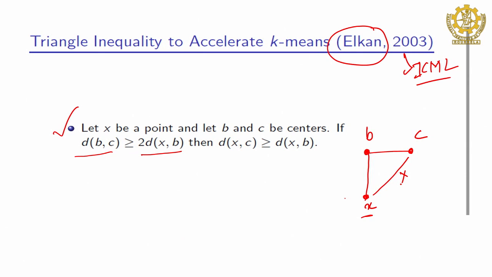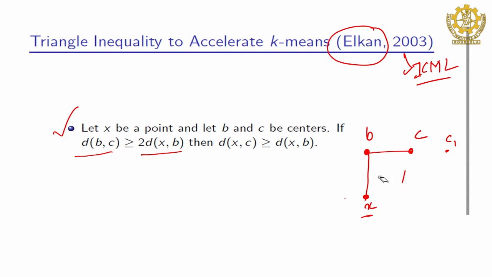If we can avoid it, similarly we can avoid a second centroid, say C1 and so on. In that way we can reduce the number of distance computations in k-means.